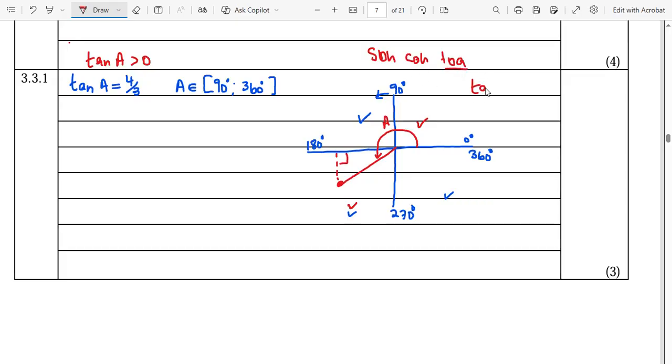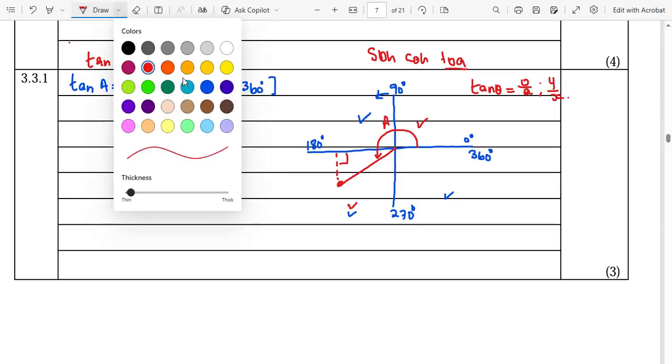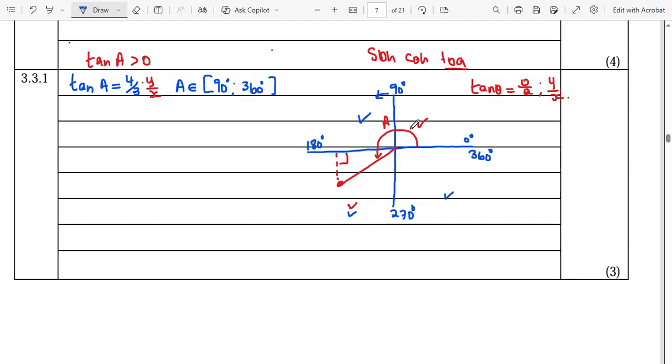So the tan of theta equals opposite over adjacent, which is y over x. We have y, we have x, we need to find r. That's how easy the question is.